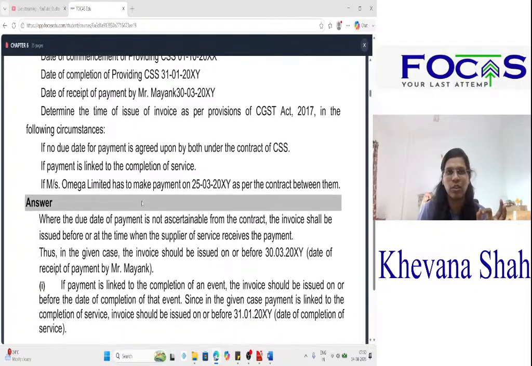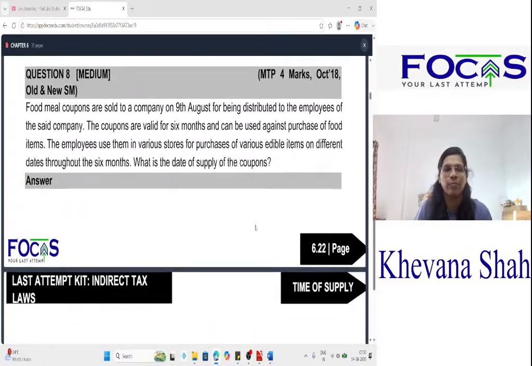And if M/s Omega Limited has to make payment on 25th March, in that case it will be that date only, when they are saying that they will be making this payment as per your contract.